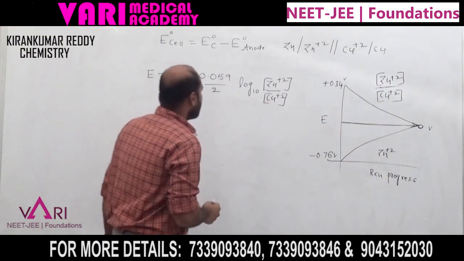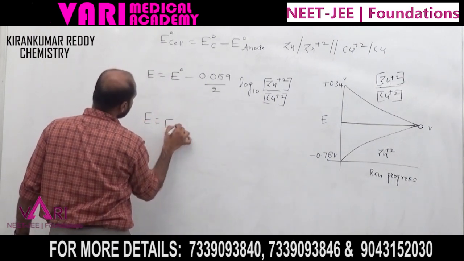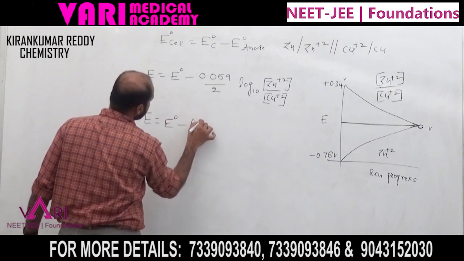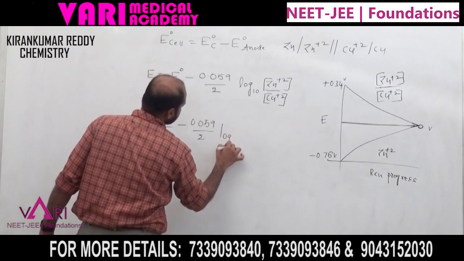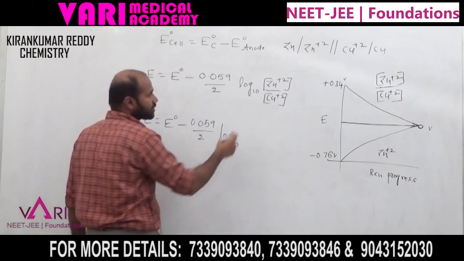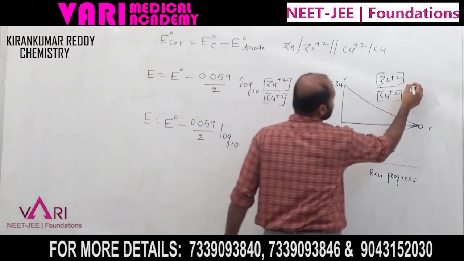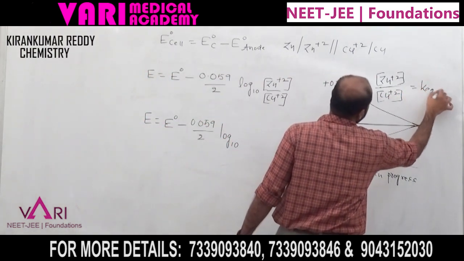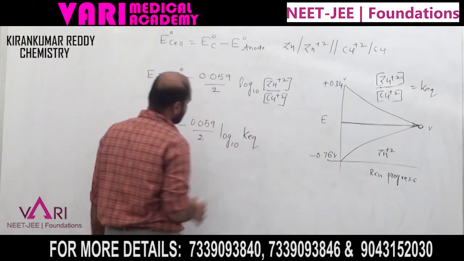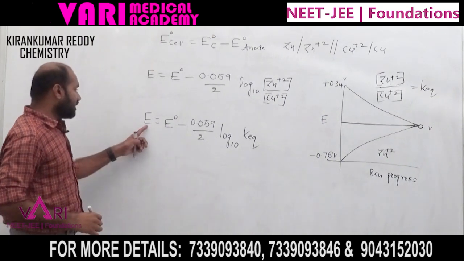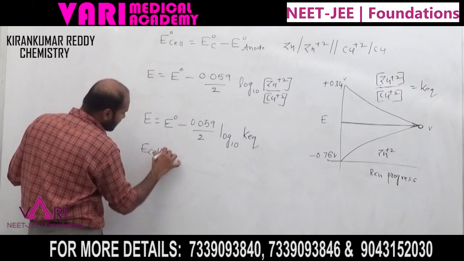Now I am writing E is equal to E naught minus 0.059 by 2 log to the base 10 of Zn plus 2 by copper plus 2 concentration, that is equal to the equilibrium constant K. Now at equilibrium E cell is equal to 0.